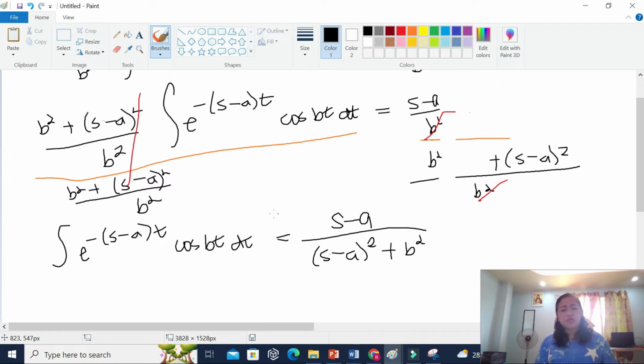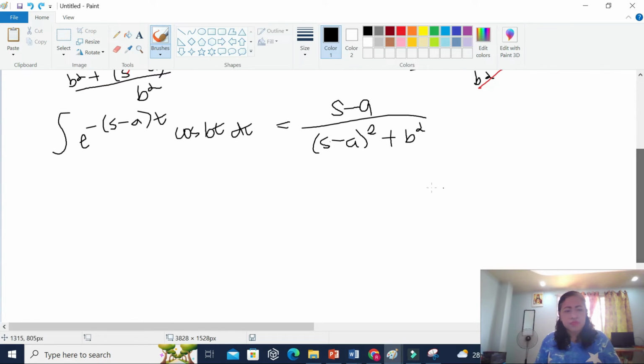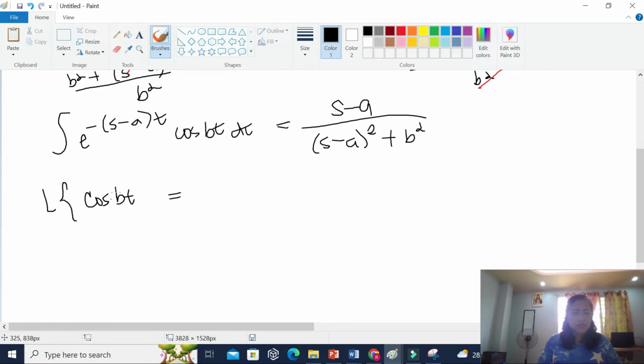So again, when you have a partner of E to the AT times a function of T, say cosine of BT, the Laplace of cosine of BT will be S over S squared plus B squared.